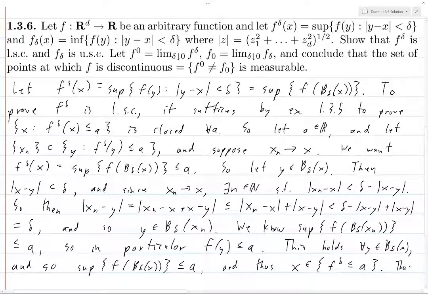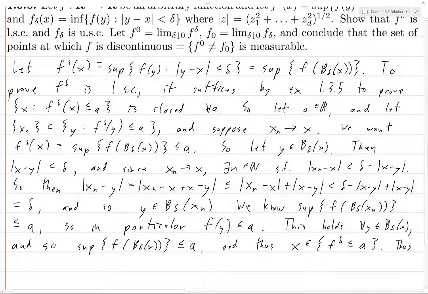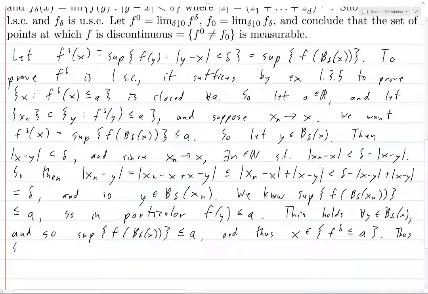So thus f delta less than or equal to a is closed for all a and r, and so f is lower semi-continuous. And that's what we wanted to prove.